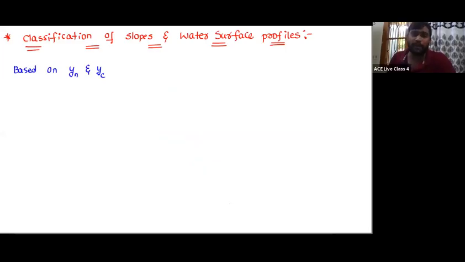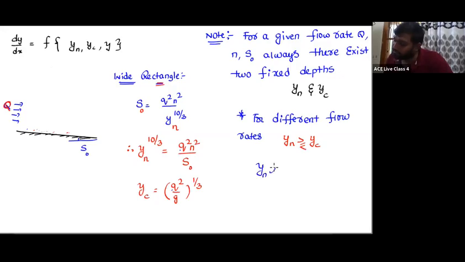Based upon this yn and yc, if yn is greater than yc, we are going to call that slope a mild slope, my dear. What is the meaning of mild slope, sir? One more thing, yn is inversely proportional to S naught.